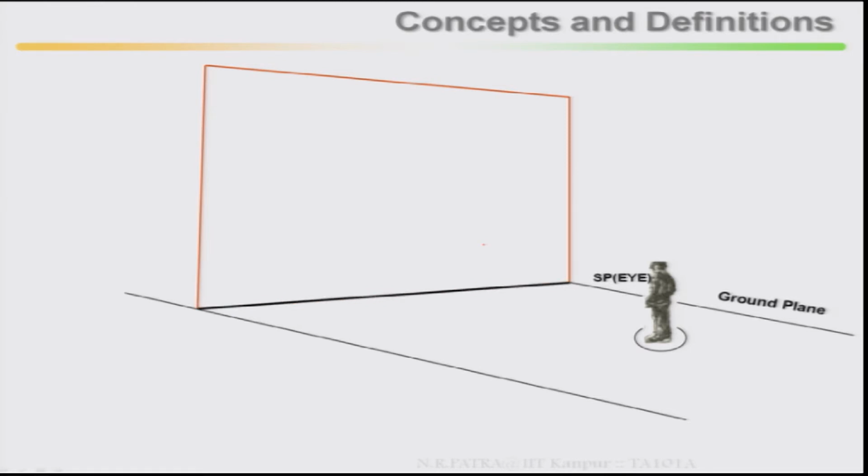Then this is your ground plane, and this is the observer. Suppose your eye is your station point. You put the picture plane, and where the picture plane meets your ground plane, that is your ground line.